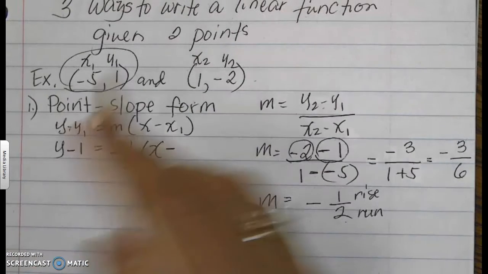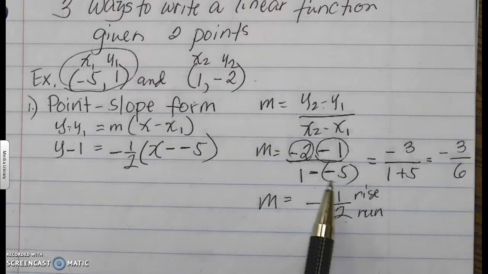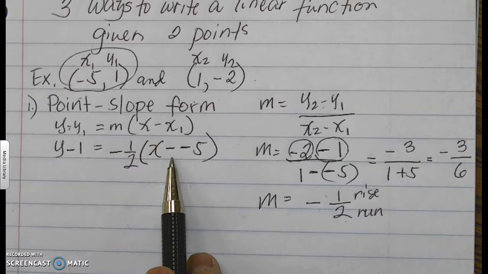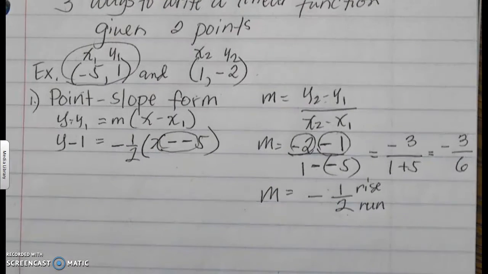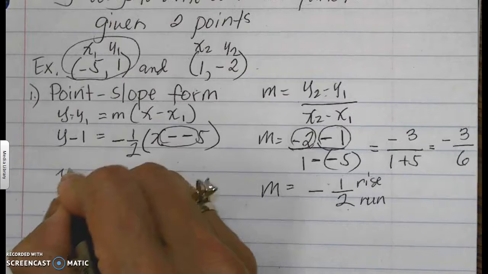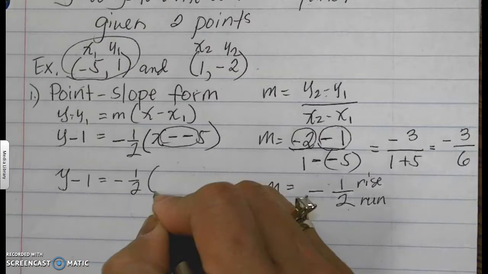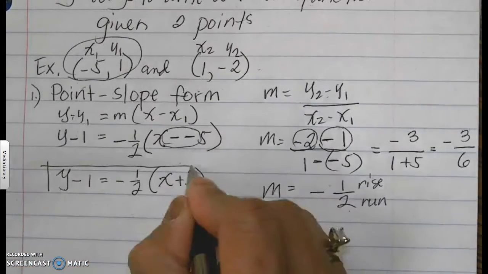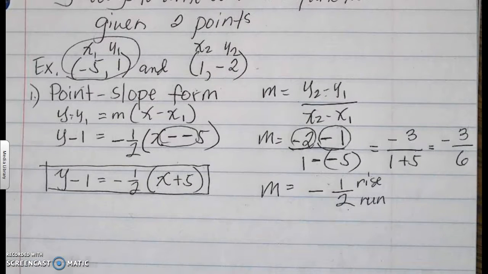Your x1 is a -5. Here I'm just playing around with this, and I will let you know now that double negative will still be a positive. So let's fix this. This is going to become y minus 1 equals -1/2 times x plus 5. And that is it. This is already your point slope form equation.